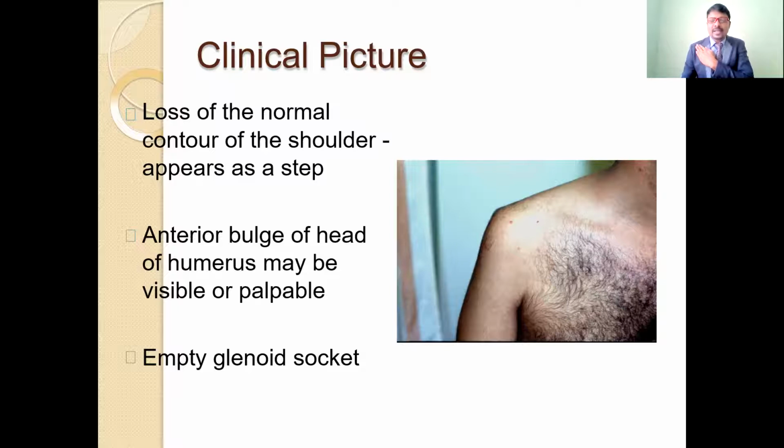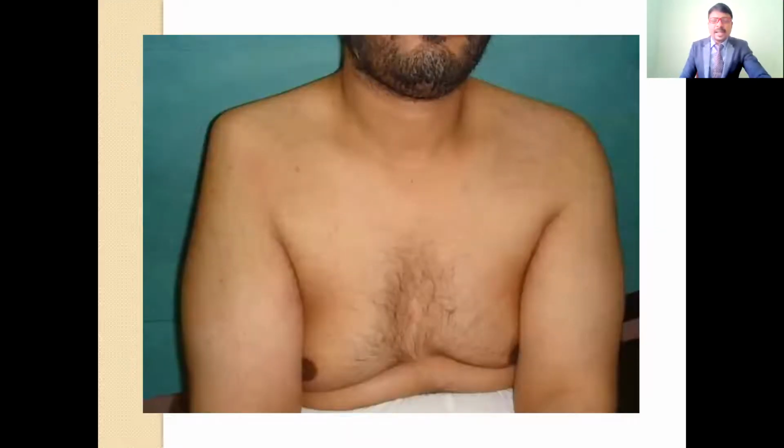And also, if you palpate, the glenoid cavity is going to be empty because the joint is displaced. If you imagine this is the glenoid cavity, the head of the humerus is going to come away from it. So these are the clinical picture and clinical symptoms of the anterior dislocation.